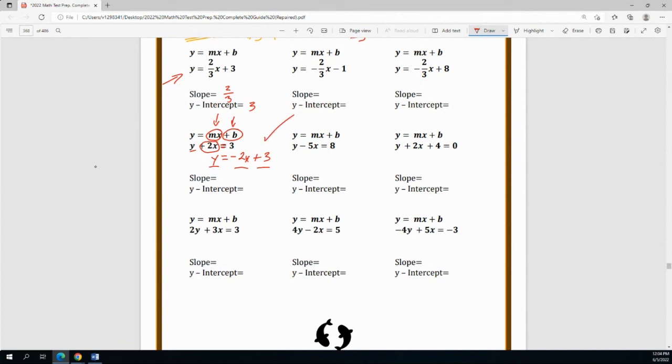Hopefully you say, yes, it does. Now, what is the slope? If you would have said it before without changing it, you would have said, oh, it's a positive 2. Well, that's not true, because when you put it in standard form, the slope is actually a negative 2, or negative 2 over 1. The b is a 3, or my y-intercept is a 3.